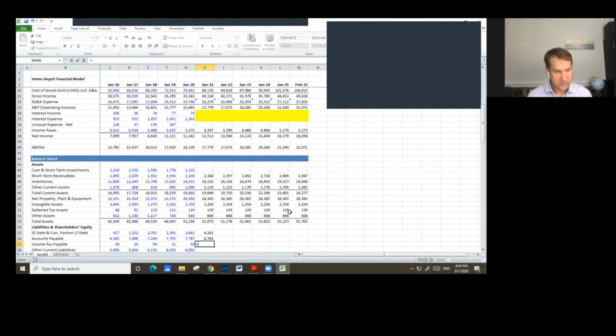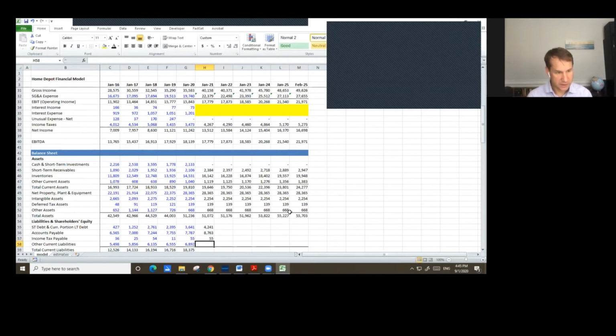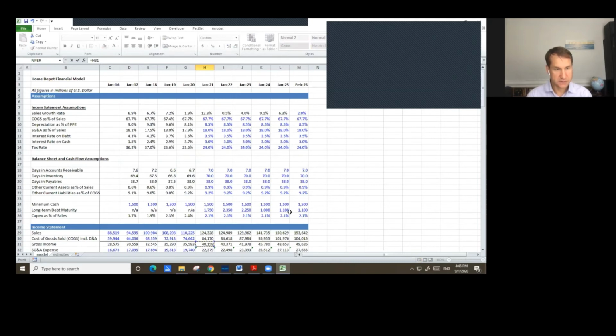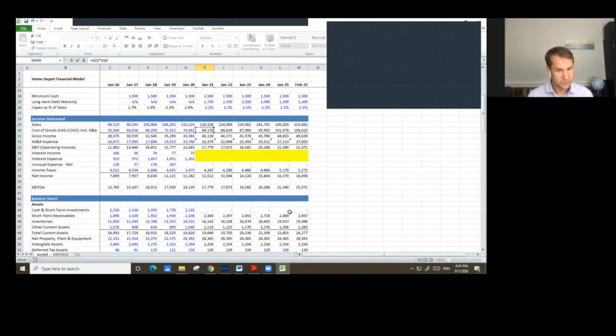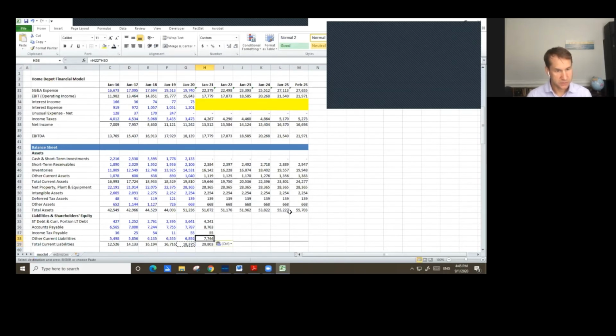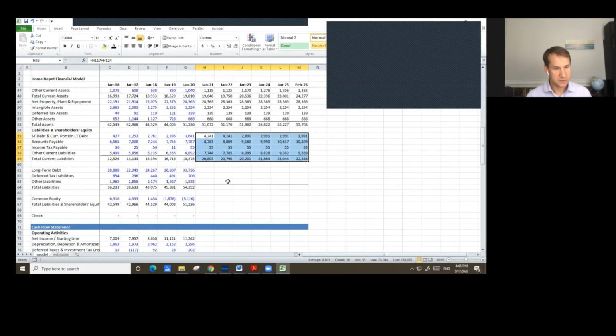Income tax, I'll keep it flat. Total current liabilities, I've got the assumption 9% of cost of goods sold. And then total, copy the formula. Carry it across.